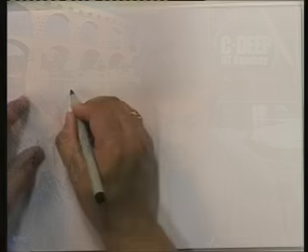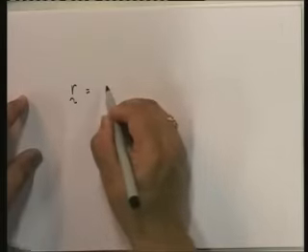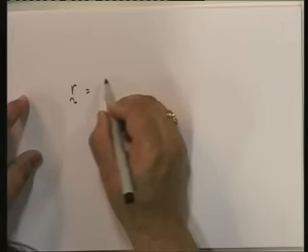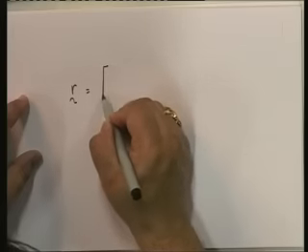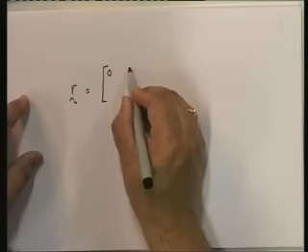Now, once I know my B1, B2, B3, what is my R going to be equal to? I am going to just put it down. You can actually do the matrix multiplication later.